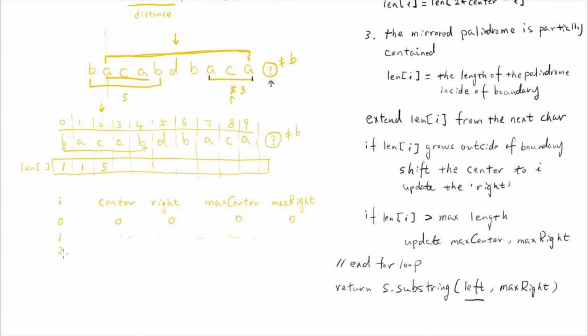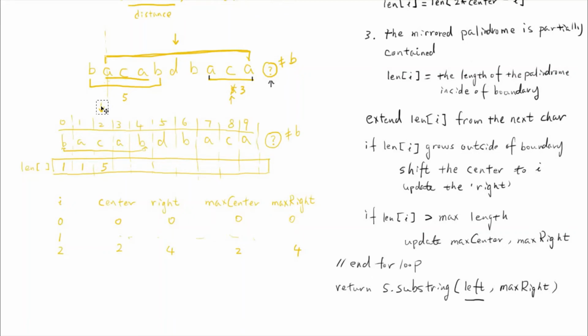So here's 2. So now we found a new palindrome whose boundary reaches the most right. So the center is at 2 and the right boundary is at 4. It's also the longest palindrome we find so far. So max center is also 2, and the max right is 4.